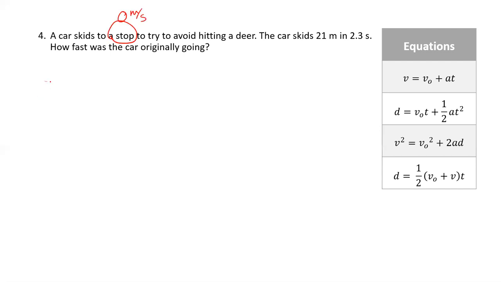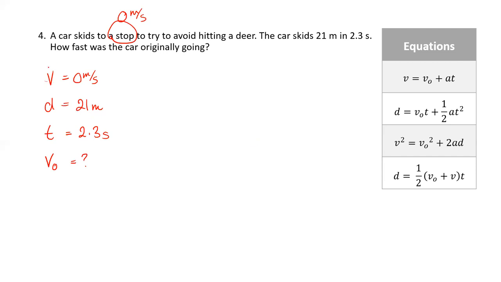So I know eventually it's going to have a velocity of 0 meters per second. It goes 21 meters. And it took 2.3 seconds. And I want to know how fast was the car going at the beginning. So there's all of my information.